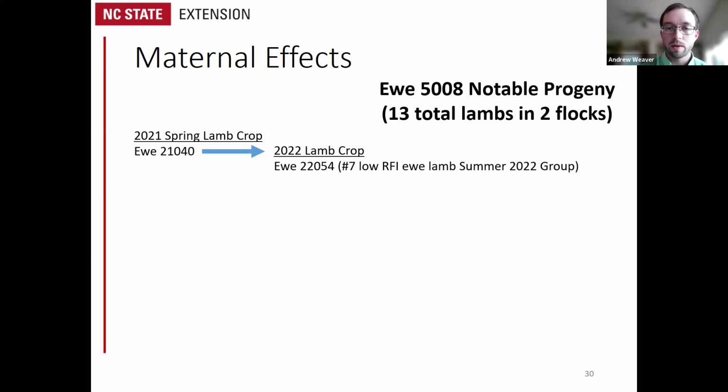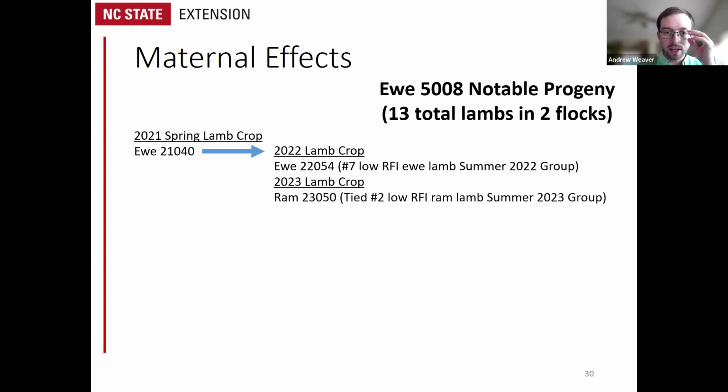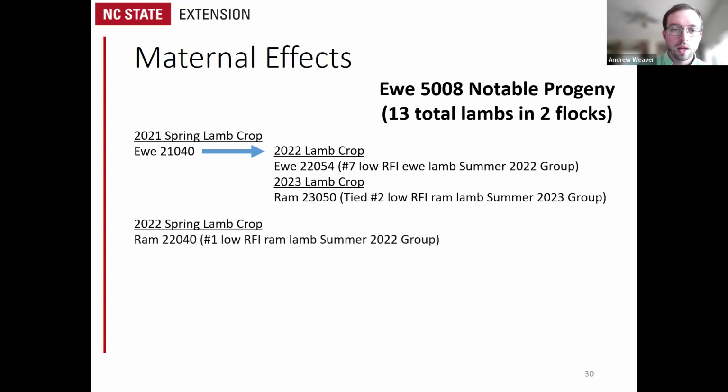So she was one of those more efficient animals, number 7 low RFI ewe lamb in that summer 22 contemporary group. In 2023, she had ram lamb 23050, who ended up tying for number 2 as the low RFI ram lamb in that summer 2023 group. So now we have a granddaughter and grandson out of 5008 that have both ranked in the low RFI category, and in the case of the ram lamb, done quite well and being one of the more elite individuals within that contemporary group.